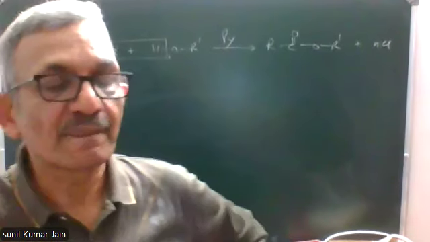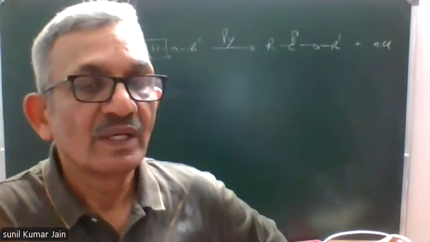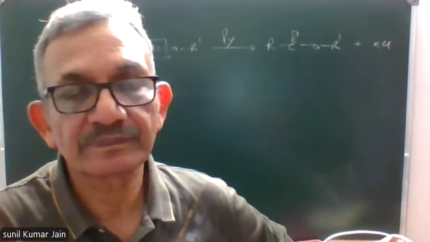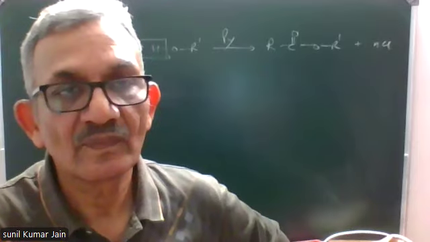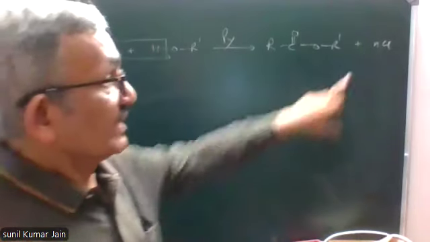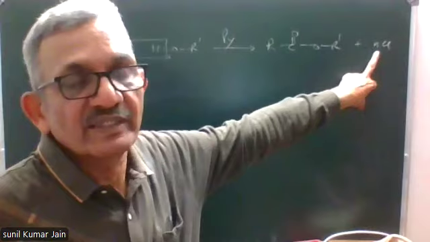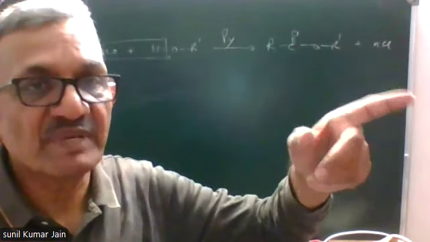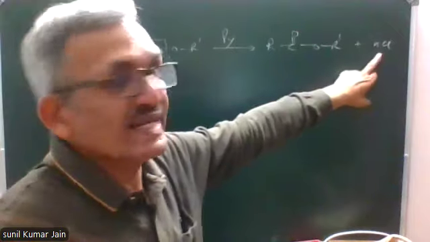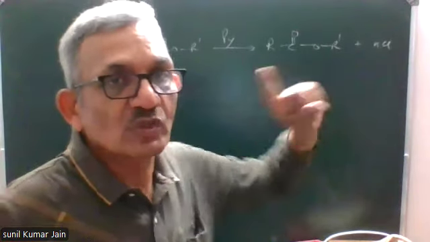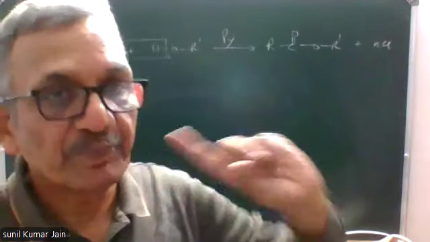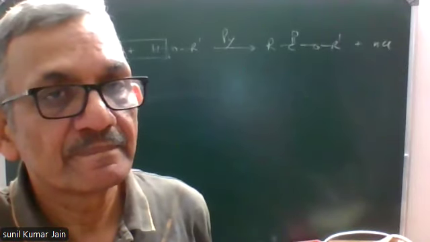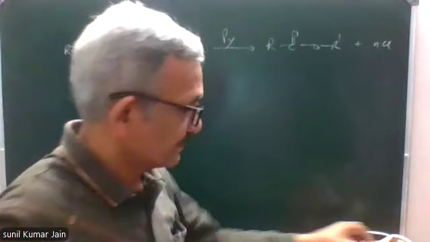Byproduct is HCl. That is the role of pyridine. It neutralizes HCl. If you remember in the previous chapter, I told you pyridine is basic in nature, right? It neutralizes HCl so that purification of the product becomes easy.